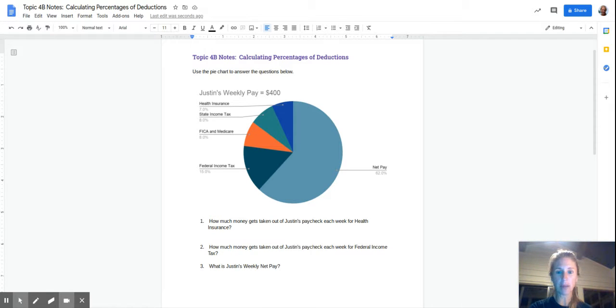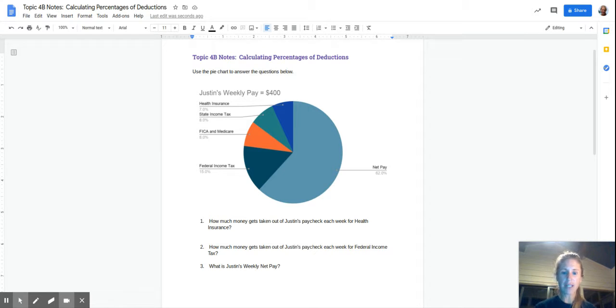Now, remember, I don't multiply by 7. I have to take the 7 and move my decimal place over 2 spots. So that's going to become times 0.07. So that's what I'm multiplying by, 400 times 0.07. And I get $28. So $28 gets taken out for health insurance.